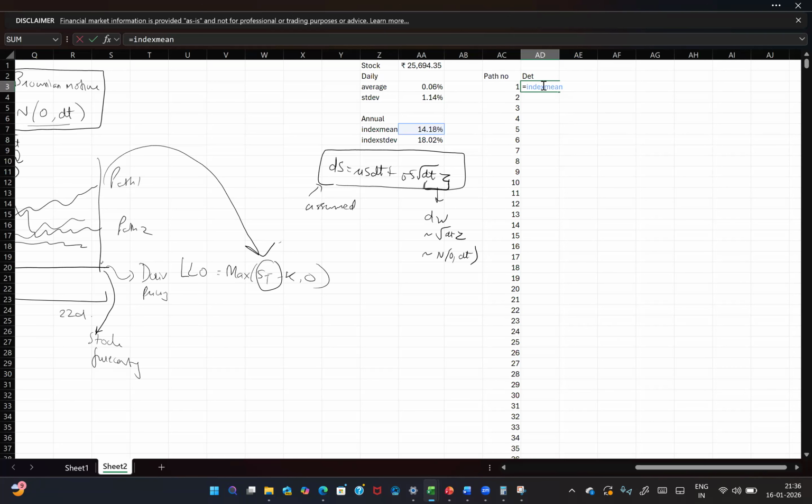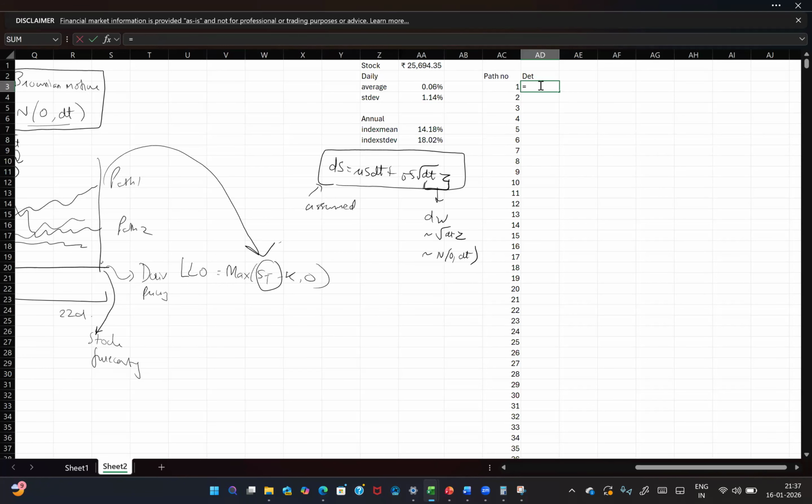So index mean, that is mu, into S. Can I say S is this stock? I can also give a name to this. By the way, you can also select the cell if it's an individual name. Go to the name box and just write stock initial and press enter. So it gives a name to this cell AA1, which is stock initial.